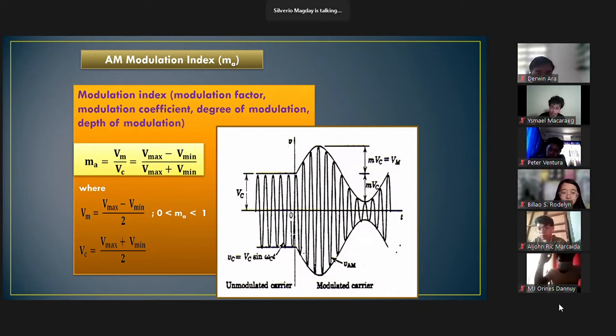Kasi ang modulation index ng values niya is from 0 to 1. 0 to 1. And ideally, the modulation index, the degree of modulation or modulation coefficient, the depth of modulation of amplitude modulation, dapat ay ideal.